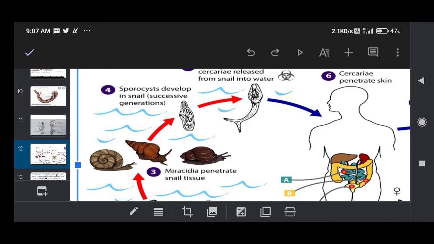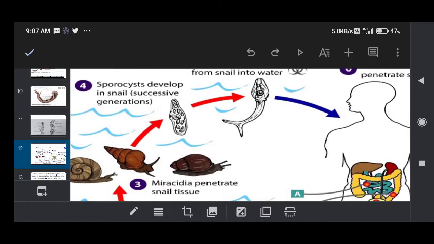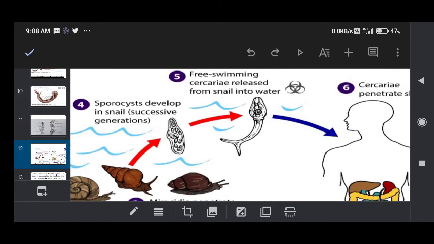Now the sporocyst has some intestinal cells. By these cells, it can produce the next generation larva, that is Cercaria. This is a free swimming larva, and it has a forked tail. By the tail, the Cercaria can swim.